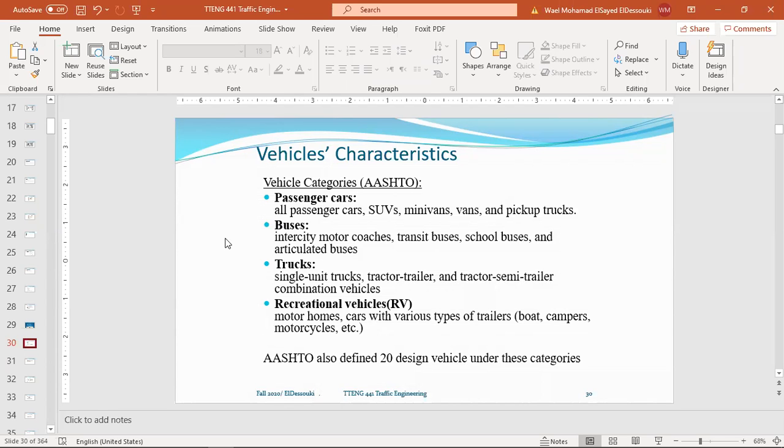This is considered an RV. Why RV? First of all, it occupies a large portion of the road, and its rate of acceleration and deceleration is similar to a truck or bus. So it ought to be treated differently than a passenger car.